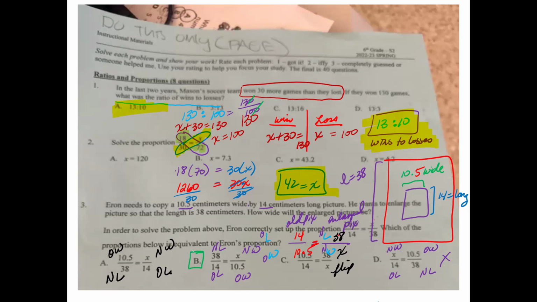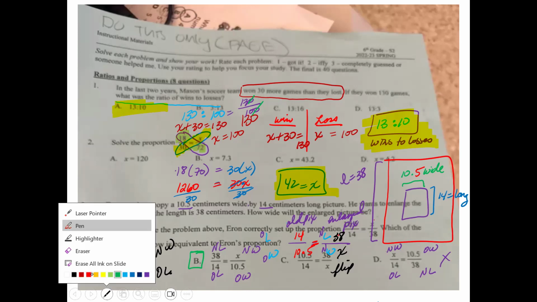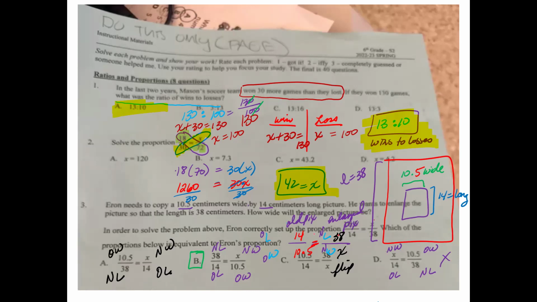B will probably work. Let's take a look at this. Let's just make sure everything is correct. This is how we set ours up, right? Let's cross multiply this one. So take your calculator. 14 times x is 14x. 10.5 times 38, what is that going to give you? 399.